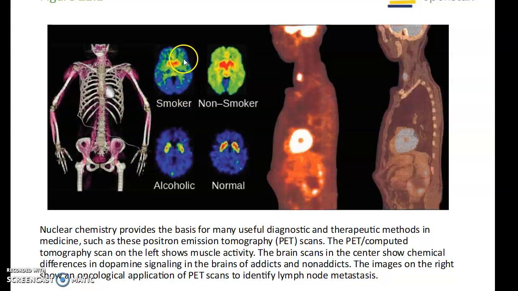But here you can see the difference between the lungs of a smoker versus a non-smoker, and I think this has to do with the brain of an alcoholic versus a normal individual, and just different portions of the body that you can look at.